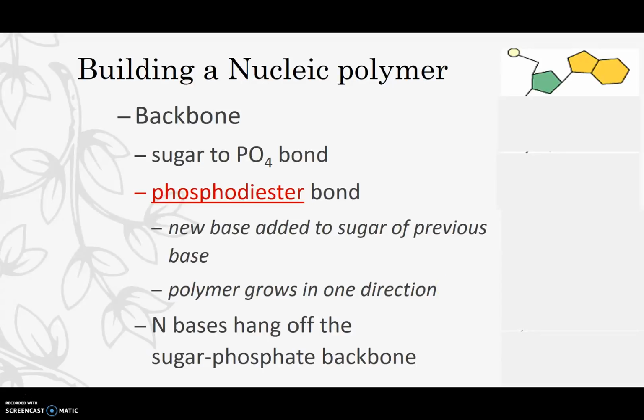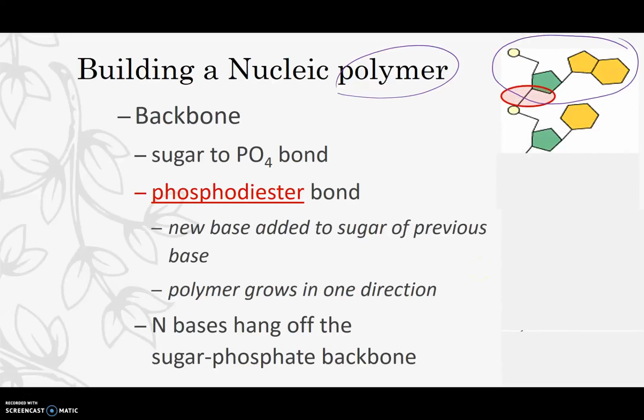All right, so when we look at building a polymer, a nucleic acid polymer, we start with our building block, which is a nucleotide. Now, when we go to attach a second nucleotide and build it in a chain, we have our phosphodiester bond. So the phosphodiester bond is right here, connecting the phosphate to the sugar.